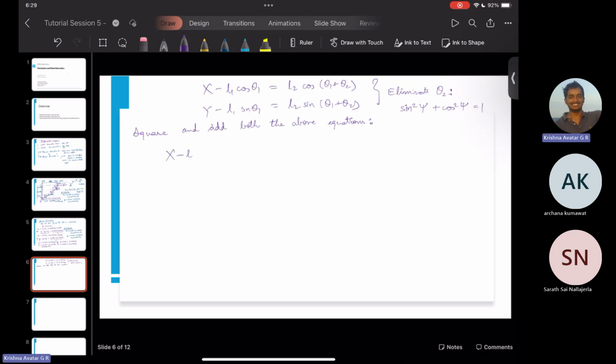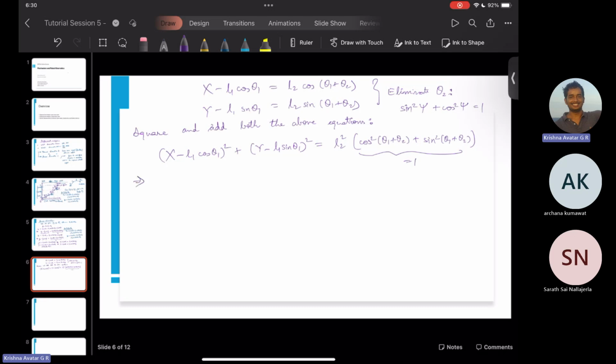So it becomes X minus L1 cosine theta 1 squared plus Y minus L1 sine theta 1 squared is equal to L2 squared cosine square theta 1 plus theta 2 plus sine square theta 1 plus theta 2. And this evaluates to 1.